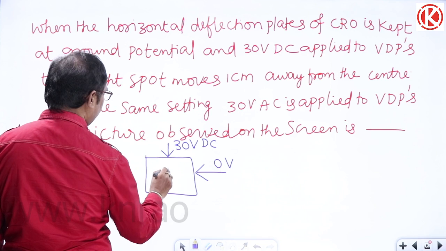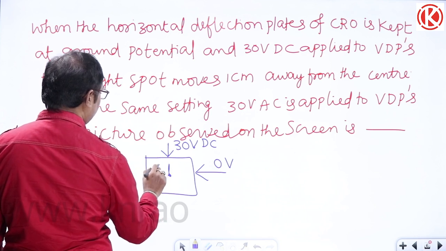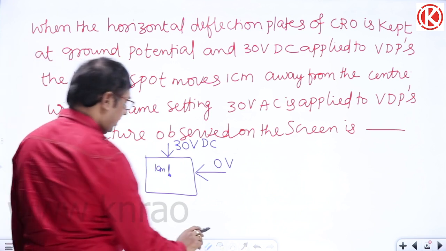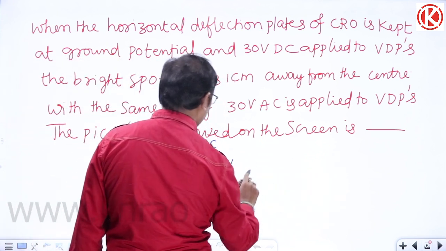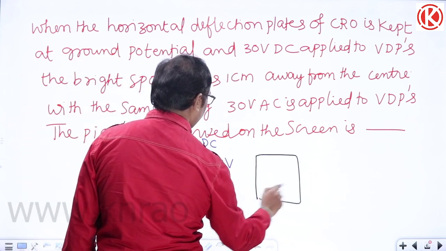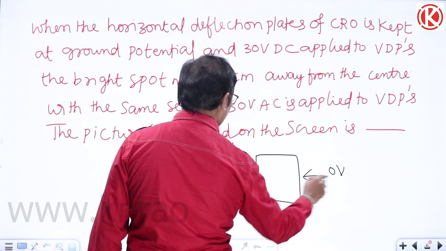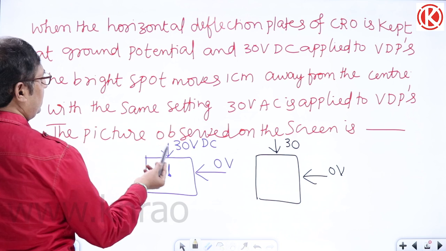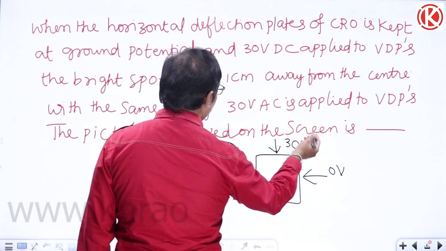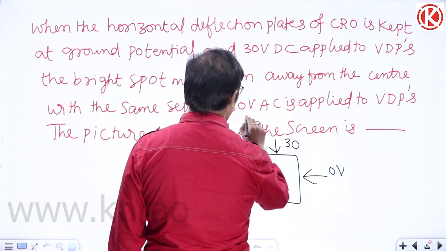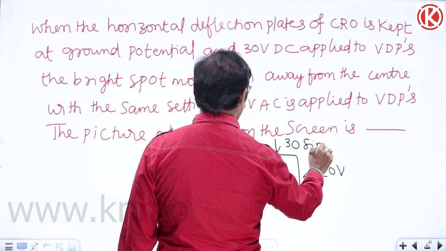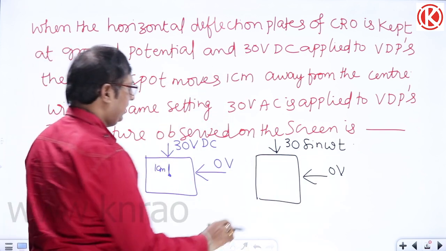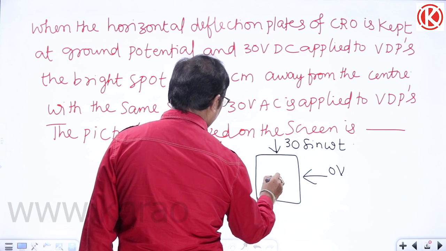Plus 30 volts gives attraction of 1 centimeter. Now he is giving an AC supply with the same settings, meaning horizontal 0. The input is 30 volts AC, let us take 30 sine omega t. In the positive half cycle, attraction takes place from the center.